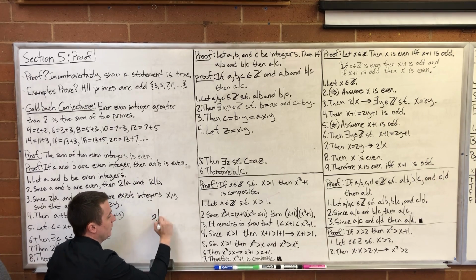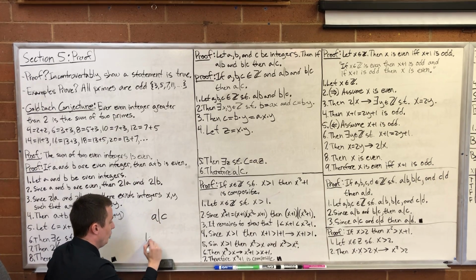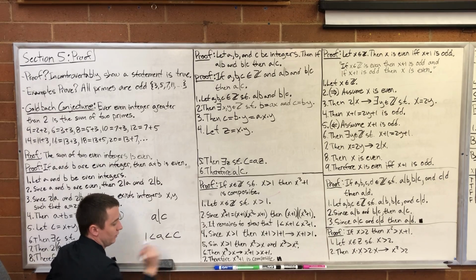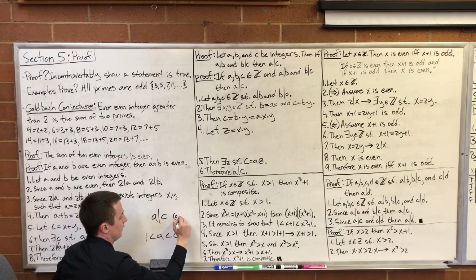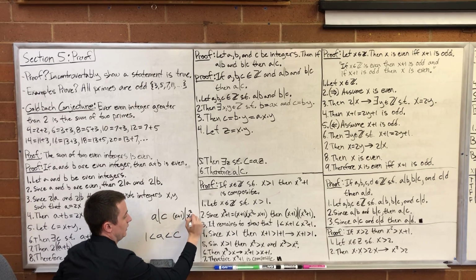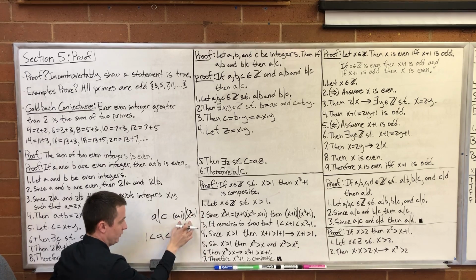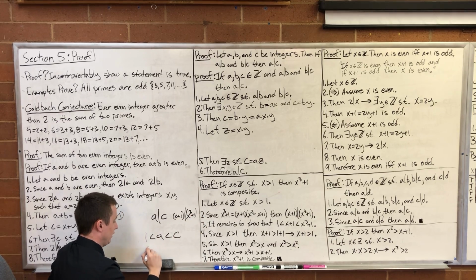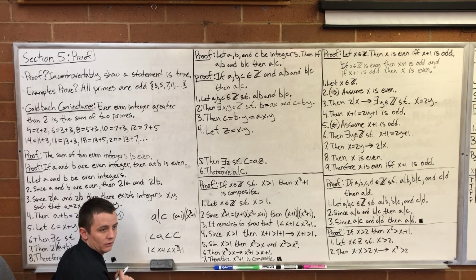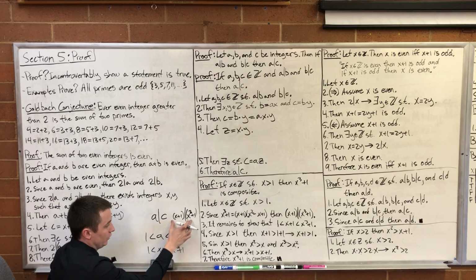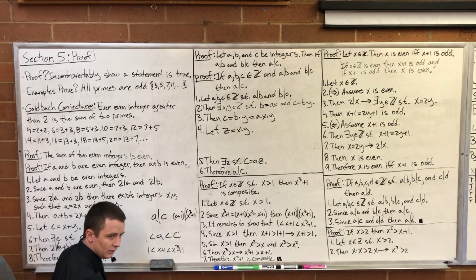I need to show A divides C, and I need to show 1 is less than A is less than C. In this case, I'm showing x plus 1 divides C, x cubed plus 1. That's the first part, we've already got that. Next I need to show 1 is less than x plus 1 is less than x cubed plus 1. So I've already shown this, now I just need to show this, and it's composite.